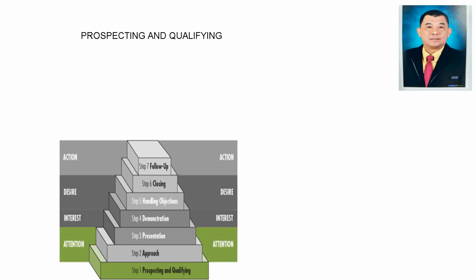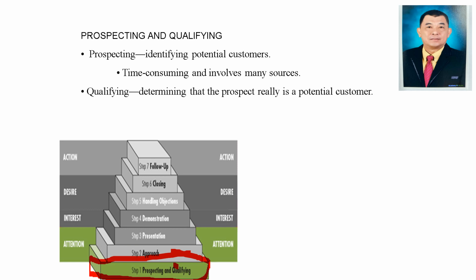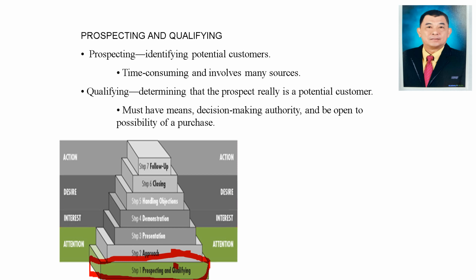As you can see here, the first step is prospecting and qualifying. That's creating attention based on the AIDA. In prospecting, you have to identify who is the prospective customer. This is time-consuming and involves many sources, meaning it involves some research. And then in qualification, you determine that the prospect is really the potential customer, really the decision maker, and must have means and decision-making authority and be open to the possibility of a purchase.